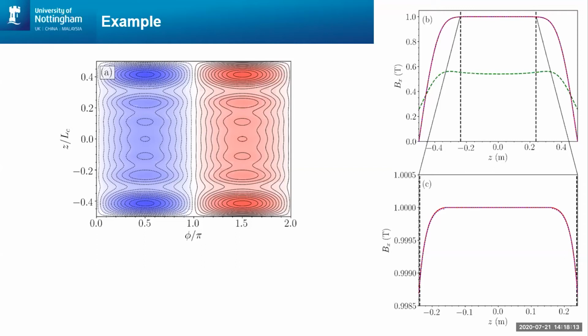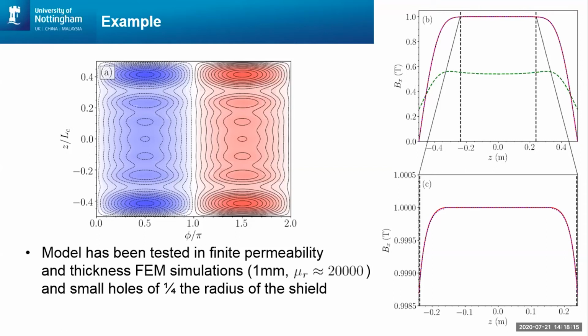And not only that, but we've analyzed the model in real life situations where we've used mu metal as the permeability benchmark for the material. So we've calculated the magnetic field and the homogeneity of our coils using permeability of roughly 20,000 with a thickness of 1 millimeter, while also adding in 2 holes in the planar end cap boundaries about a quarter the radius of the shield.